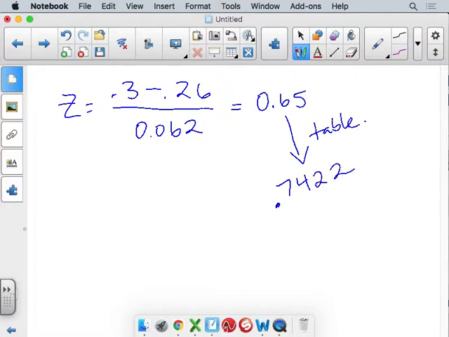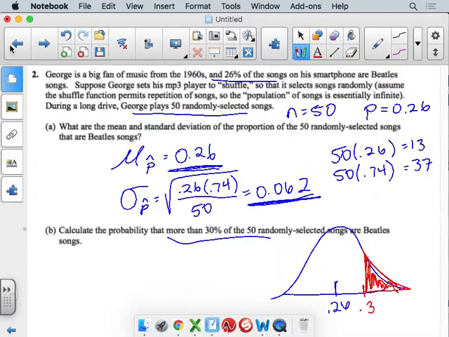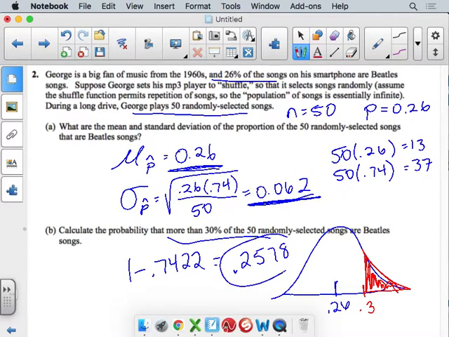So you look up that value of 0.65, you get that, and that's always the value that's less than. On our table, we're looking for the above. So you go 1 minus 0.7422, and you get 0.2578. So about 25%.